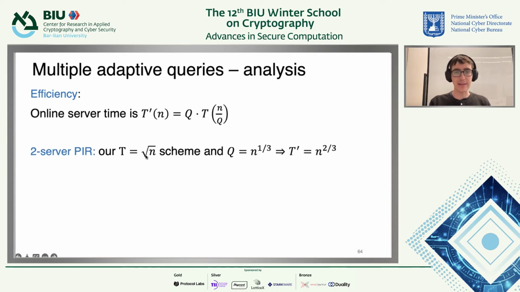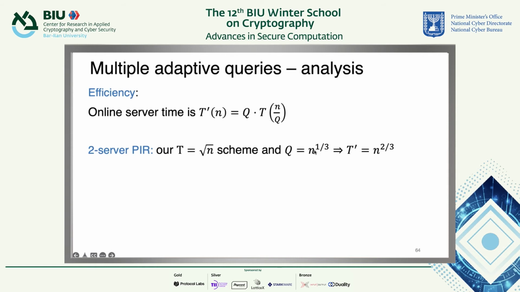If we plug in our square root n scheme and choose Q to be cube root of n, we get that the online time of the resulting scheme is n to the 2 over 3.